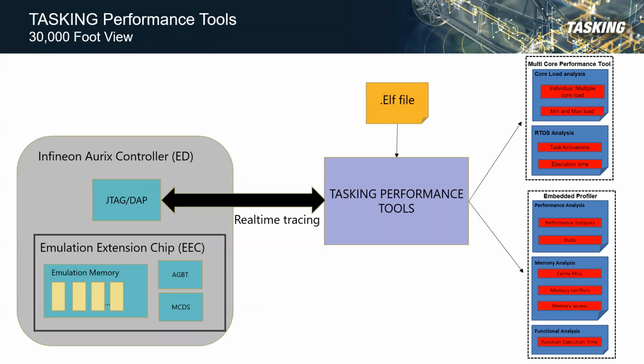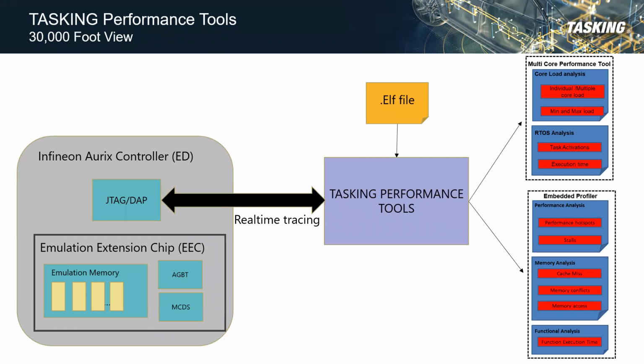In this webinar, I will be making use of the embedded profiler as well as the multi-core performance tool, which are two top-class optimization tools. By means of the embedded profiler, you can perform three types of analysis. One is performance analysis, where you can identify performance hotspots such as CPU clock count and CPU stalls.